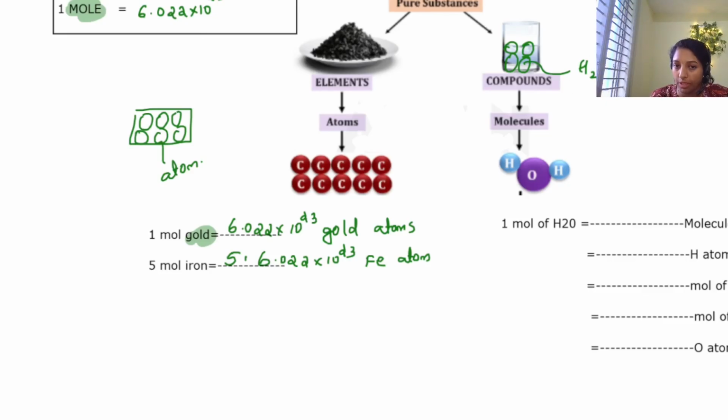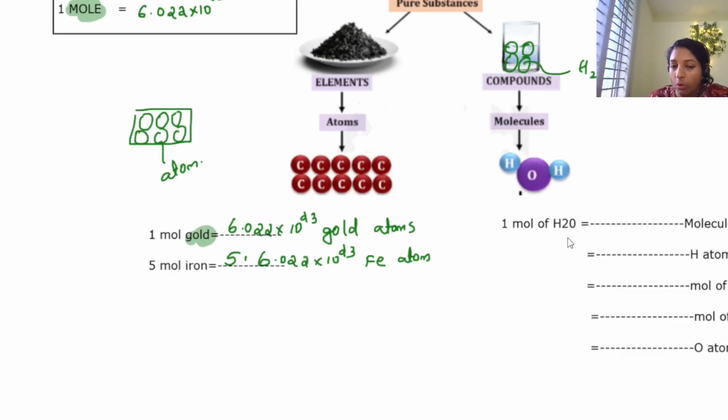The H2O unit is the repeating unit, the building block. H2O is a group of atoms that are chemically bonded, and that is what we mean by a molecule. So the building block here is the molecule.